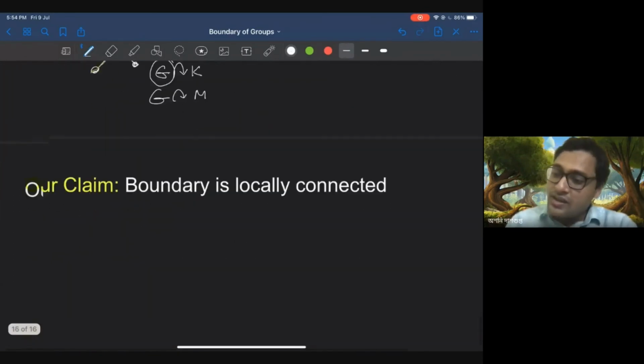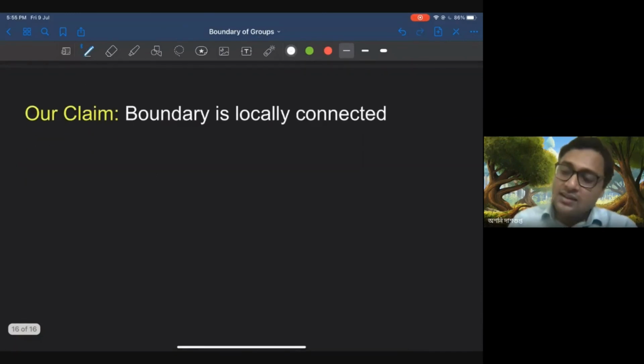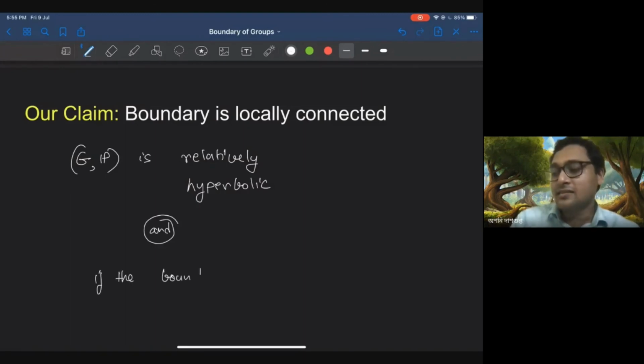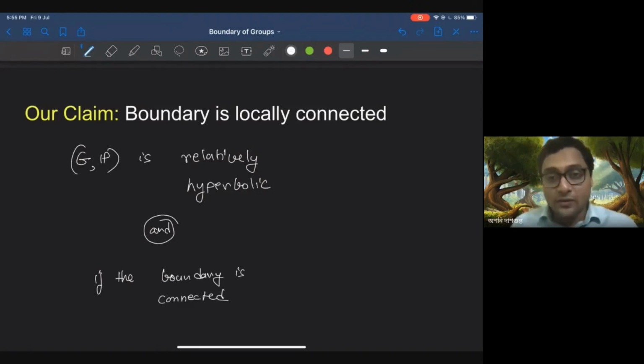So now we come to the last part. If G, well, I did not explain what would relatively hyperbolic mean. I just said what is hyperbolic in some sense. But if G is relatively hyperbolic and if the boundary is connected, so you already know what that means.